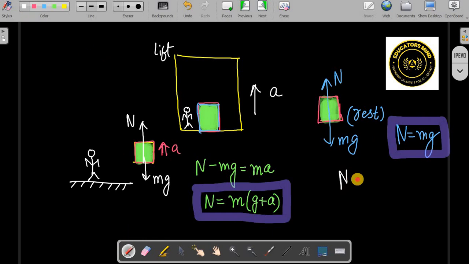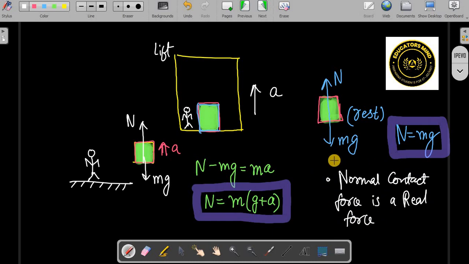Normal contact force is a real force, and it cannot have different values. It must be unique, right? Because it is due to the interaction between the block and the floor of the lift. So it cannot have two different values. Where is the contradiction here?